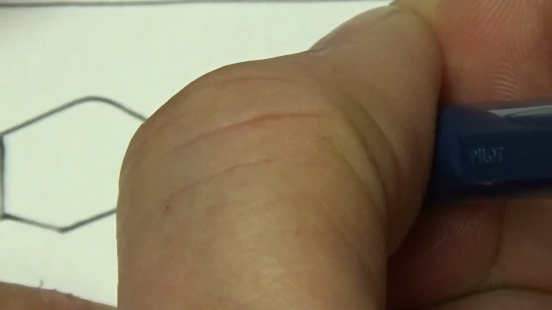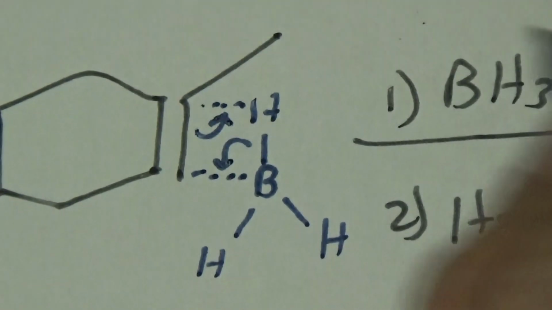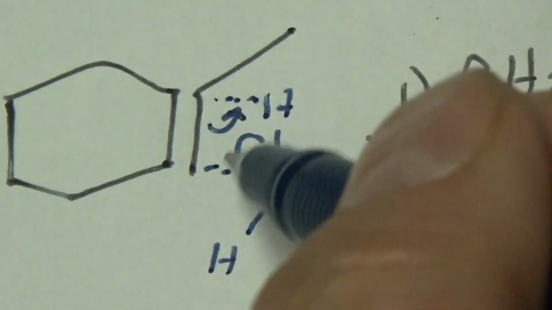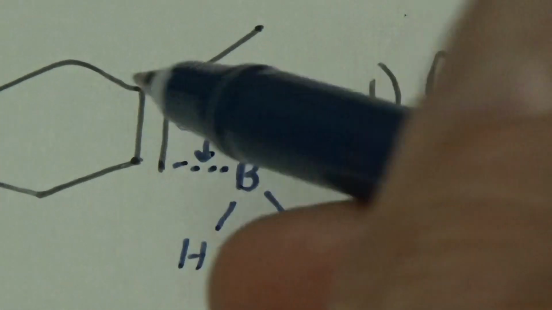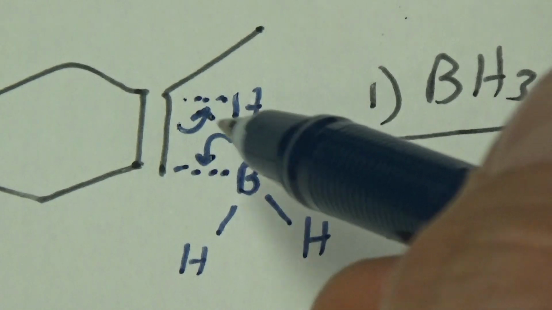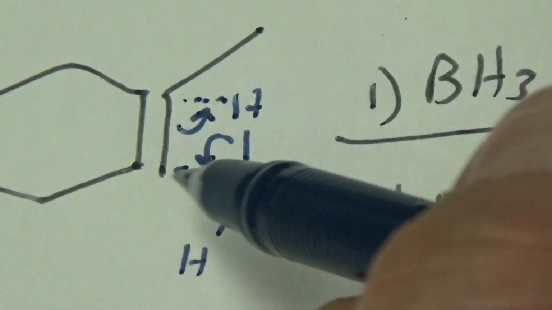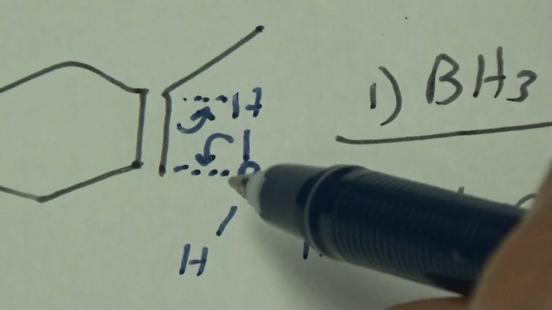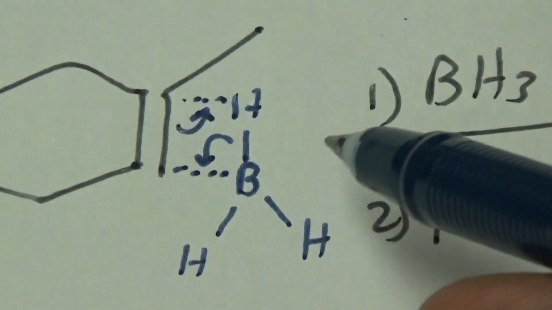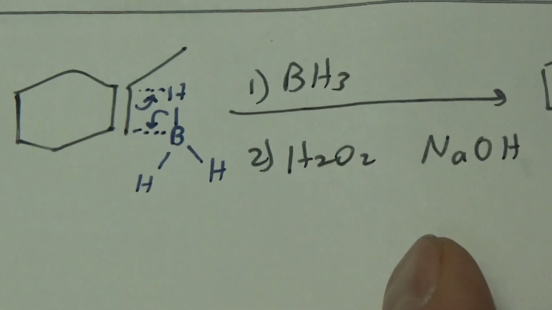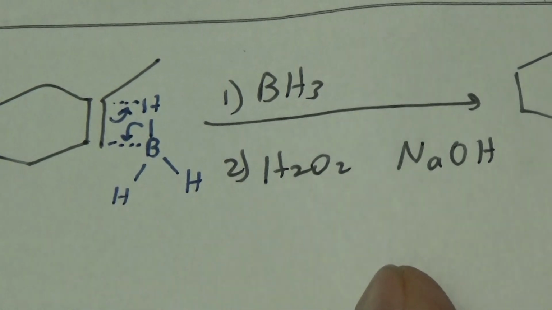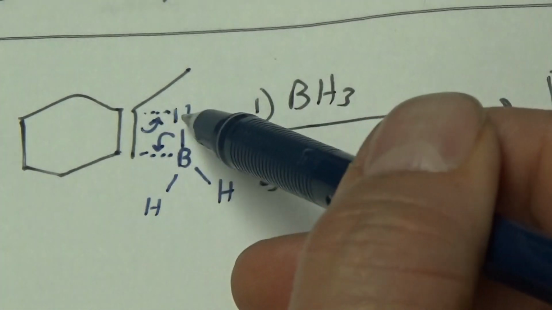So it's just two arrows. This is like this and that. It just adds. You can do the arrows one way, you can do the arrows the other way, it doesn't matter. The big thing is that carbon gets a hydrogen and boron gets bound to carbon. Okay? And the relative stereochemistry is going to be the same.